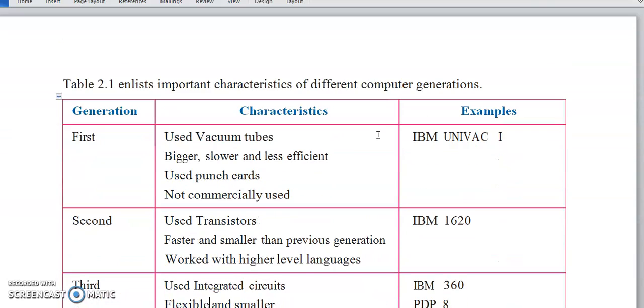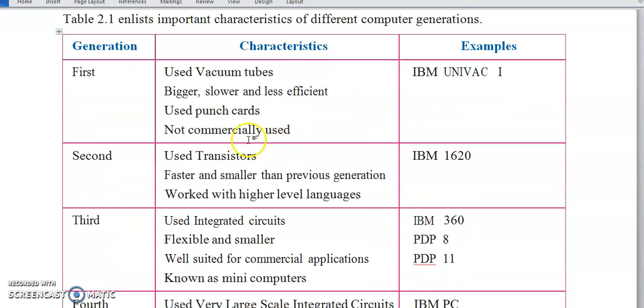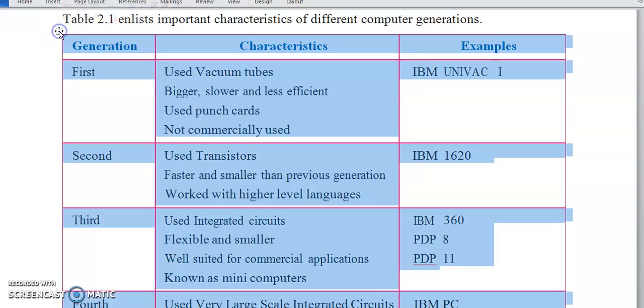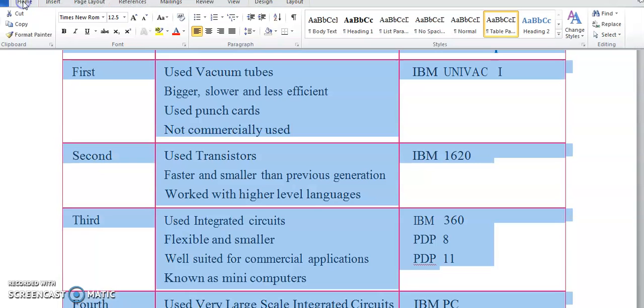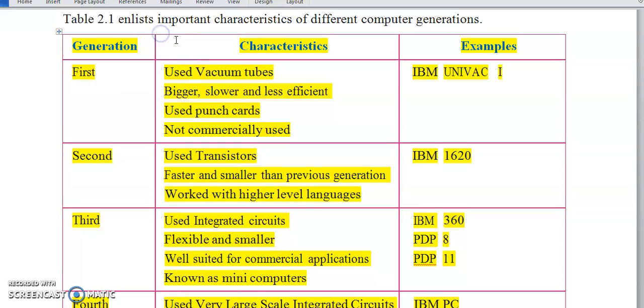So this table is really very important for you. The topics which we covered till now are summarized in this table. So first generation computers, what are the characteristics? Vacuum tubes used, bigger, slower and less efficient, used punch cards, not commercially used. This is the characteristic of first generation computers. IBM UNIVAC 1 is an example of a first generation computer.